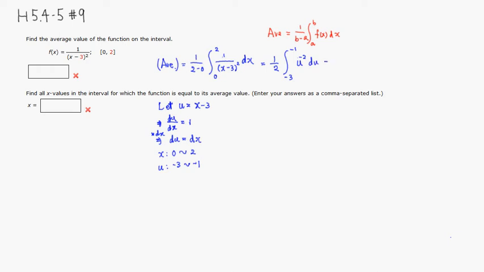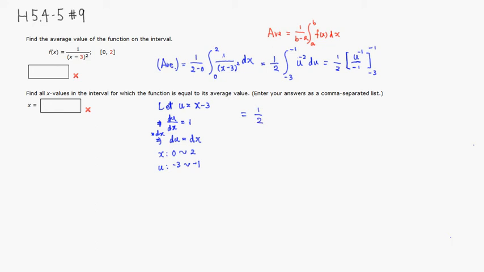Then we can just find the antiderivative. Add 1 to the power, so it's negative 1 power divided by negative 1, going from negative 3 to negative 1. So this is going to be equal to 1/2 still there.